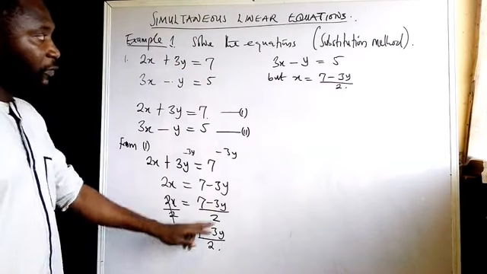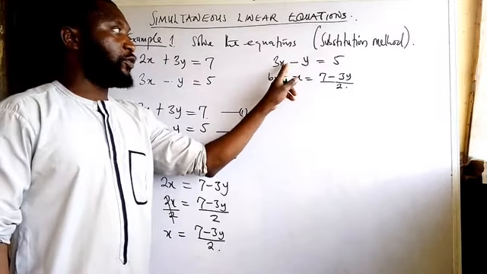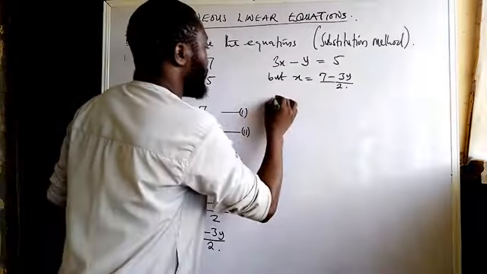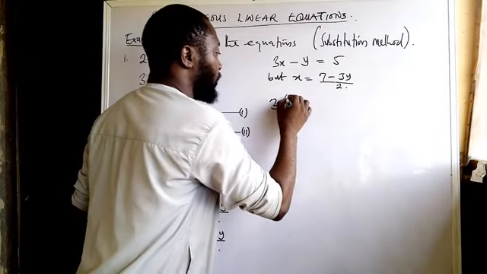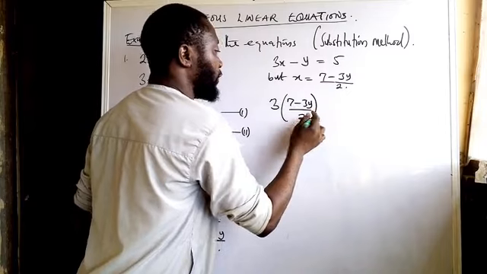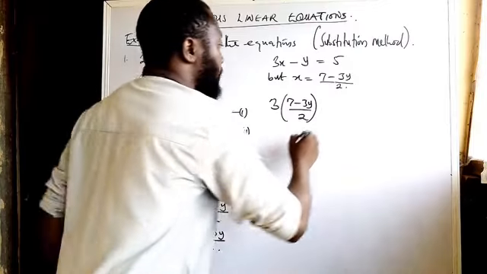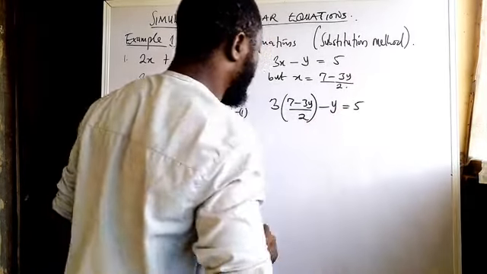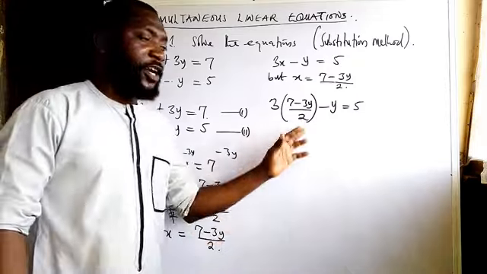Wherever we see x, we put 7 minus 3y over 2. So here we have 3x. Instead of writing x, you open your bracket, 7 minus 3y over 2, and close the bracket. Everything here represents our letter x. Minus y equals to 5. Now, we have a fraction.